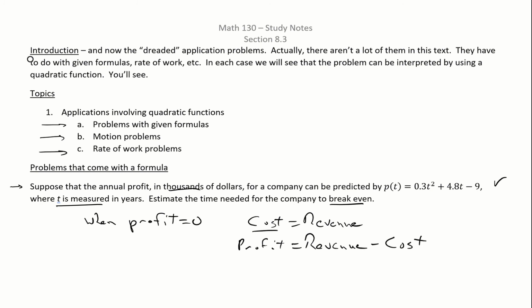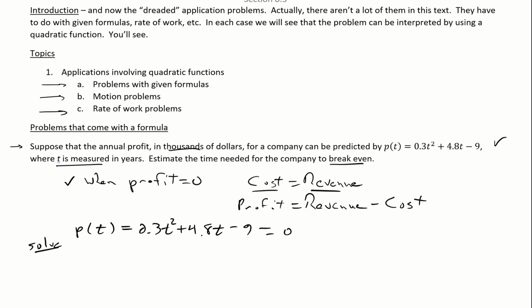If these are the same, that means you broke even. You haven't made any money, you haven't lost any money. So we set the profit function, P of t, which is 0.3 t squared plus 4.8 t minus 9, equal to 0, and we solve for t. It's going to give us an answer for t. Now t, remember, is time.